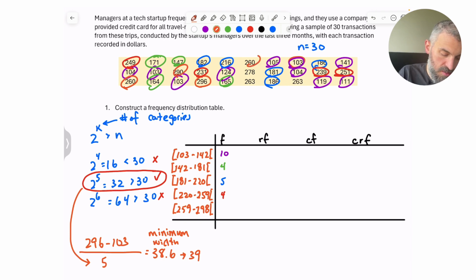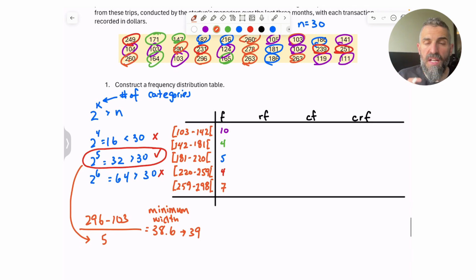So 260, yes. 290, yes. 260, yes. 278, 263, 263. Perfect. So 1, 2, 3, 4, 5, 6, 7. And then you count, and this is where you're going to know if you missed one, right? So if I add all these up, 10 plus 4 plus 5 plus 4 plus 7 is exactly 30. Great. I know I counted them all. I didn't miss them, so we're good to go.